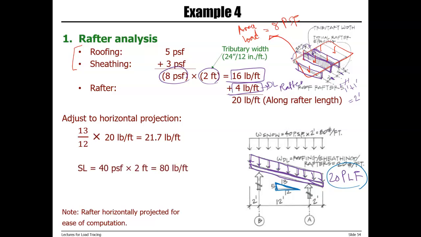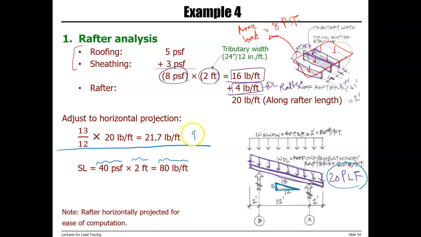Now we need to look at the snow load. A snow load is 40 psf. Tributary width of a single rafter is 2 feet, so the live load or snow load transferred from the roof to each individual rafter is 80 PLF.